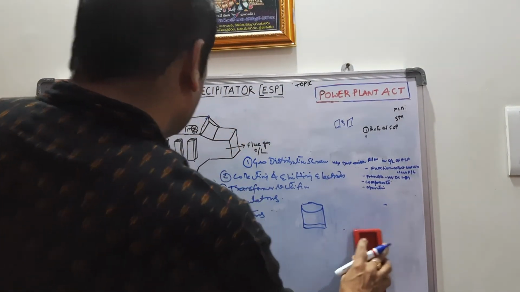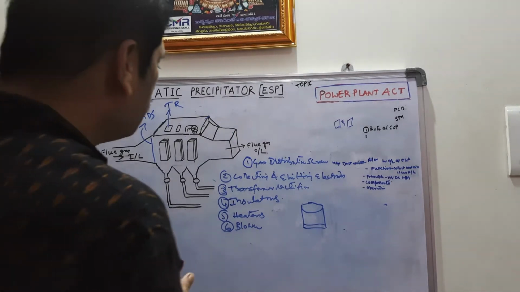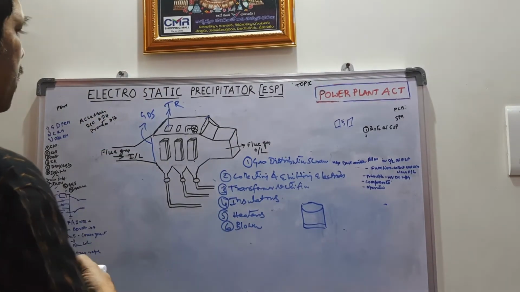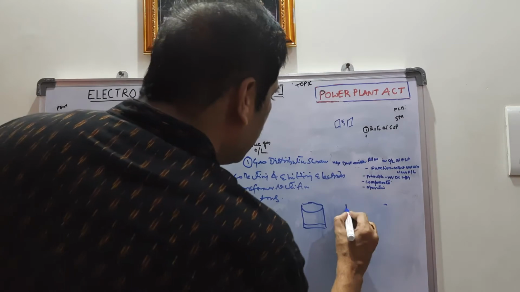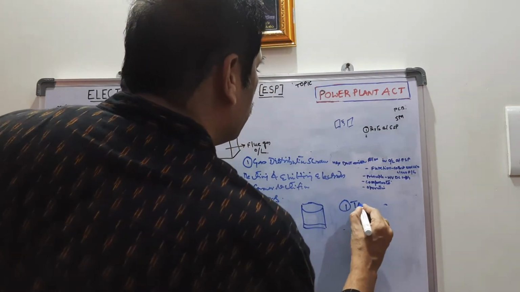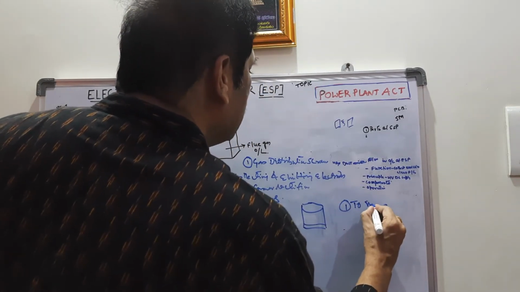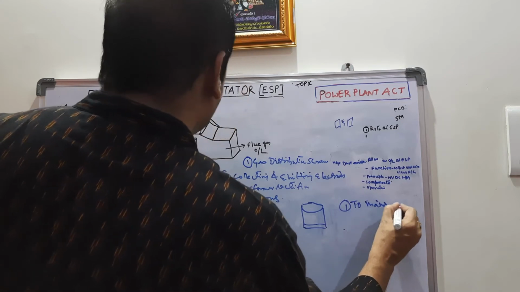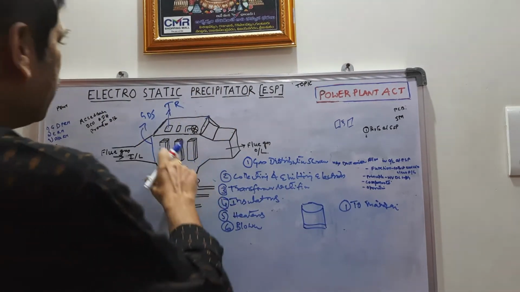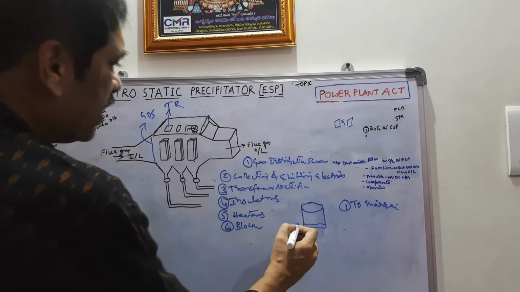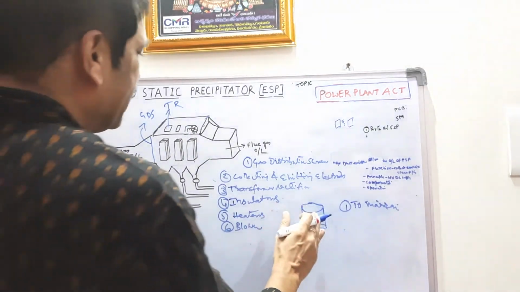That is the reason. Then the blower. The main function of the blower is, number one, to maintain temperature in the penthouse. There is one penthouse where these insulators are provided.